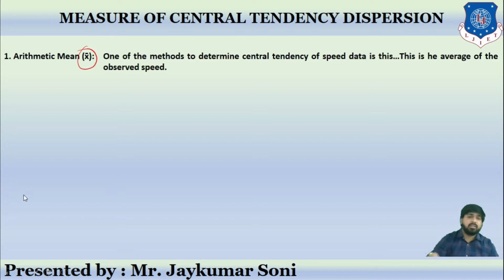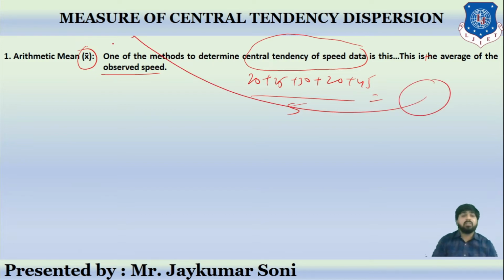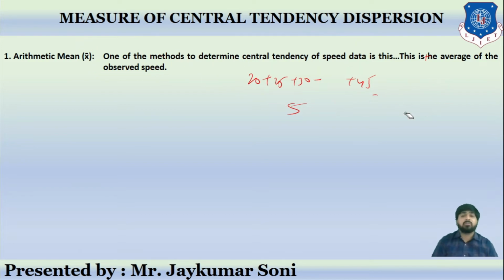As the name suggests, it is one of the methods to determine central tendency of the speed data. That means it is the average of the observed speeds. For example, if we have speeds of 20, 25, 30, 20 and 45, the average of these is called the arithmetic mean, denoted x bar.